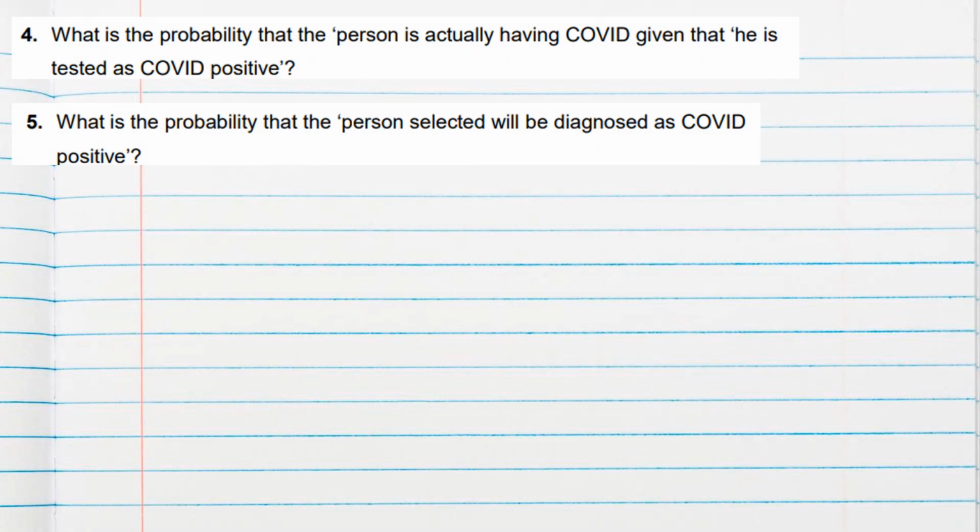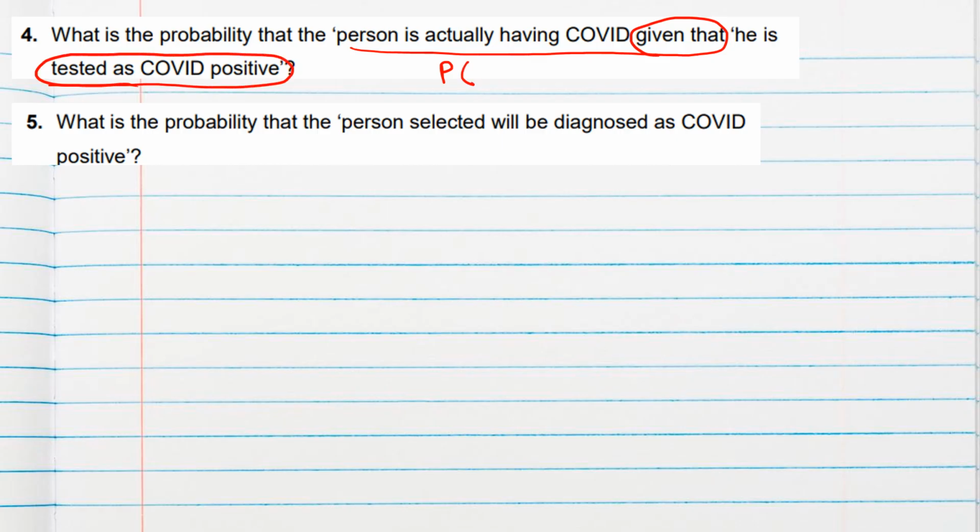Okay, let's check the fourth question. What is the probability that person is actually having COVID given that, what is given? That he is tested as COVID positive. So having COVID, again I will revise, two categories we selected: E1 having COVID and E2 free from COVID.